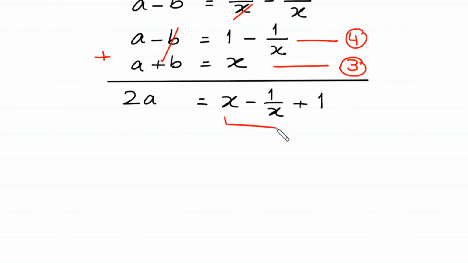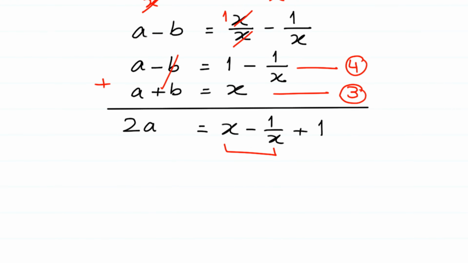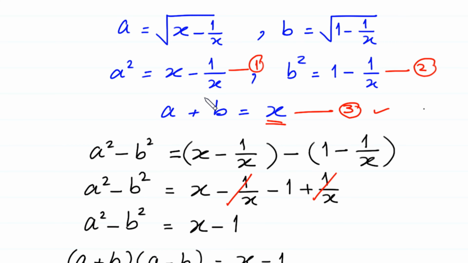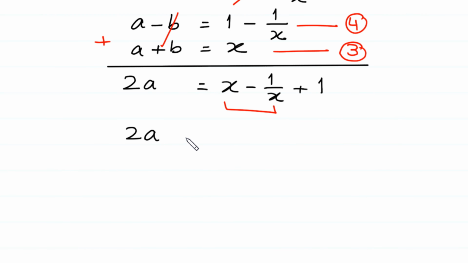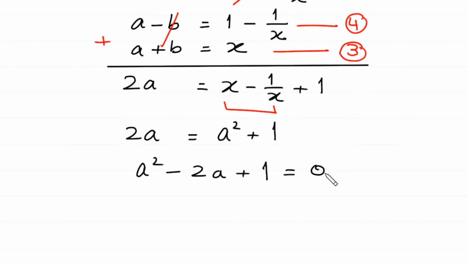Next, in place of this x minus 1 over x, from equation 1 we put this value a square. 2a is equal to the value of x minus 1 over x from equation 1, which is a square plus 1, and we shift this 2a to the right side, then this equation becomes a square minus 2a plus 1 is equal to 0.